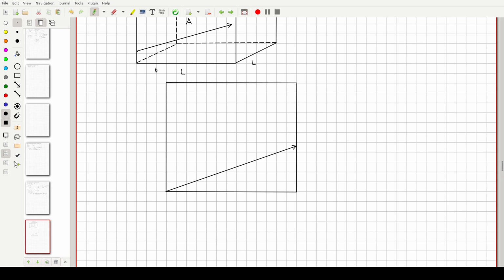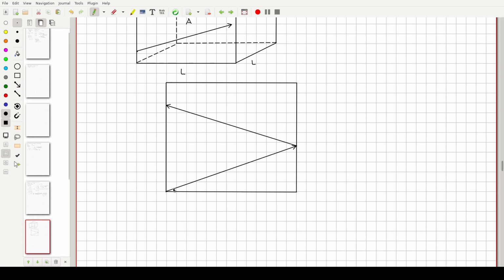If the big mass is much, much greater than the small one, the small one bounces off with exactly the speed it had when it came in. It basically just reverses direction.